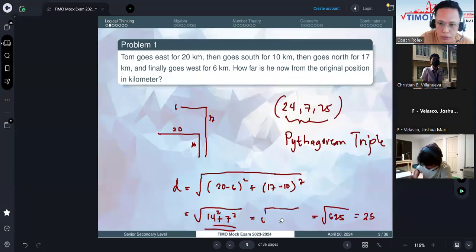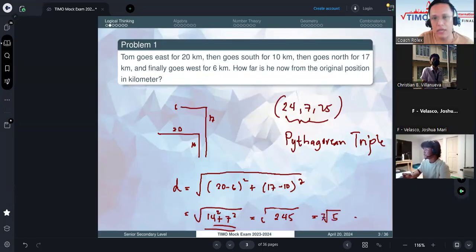That is 245. Then if we have 245, the answer should be the square root of 245, which is 49 times 5. This is 7 square root of 5. Now the answer should be 7 square root of 5 if we follow the 20, right?